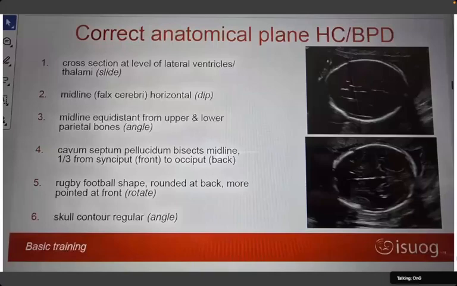We should see the midline, the falx cerebri, and the midline should be equidistant from the upper and lower parietal bones, with the CSP visible, bisecting the midline one third from the sinciput itself. The head structure itself should be rugby football shaped, rounded at the back and more pointed at the front, and the skull contour should be regular for us to do a correct measurement.